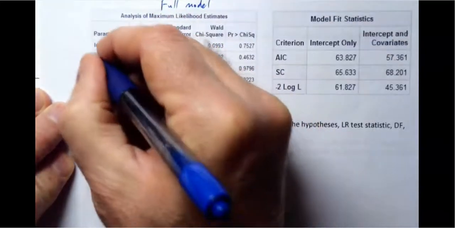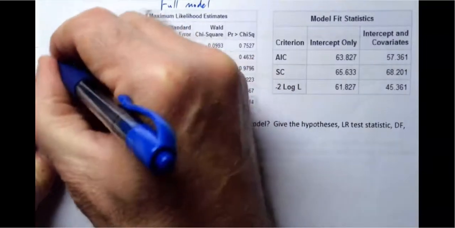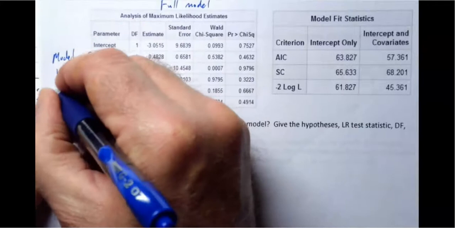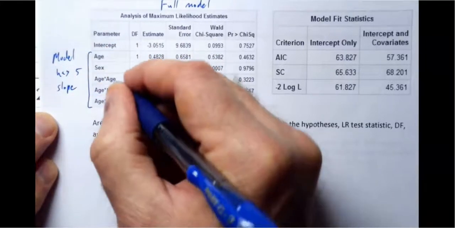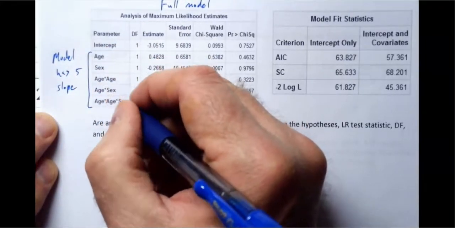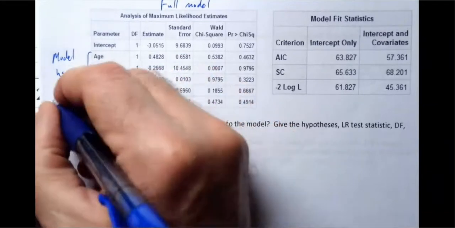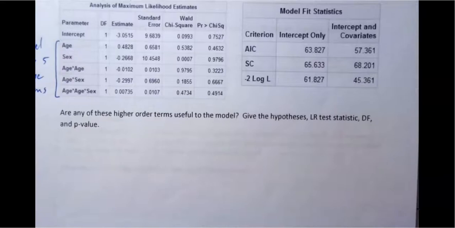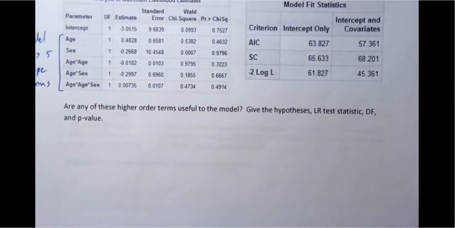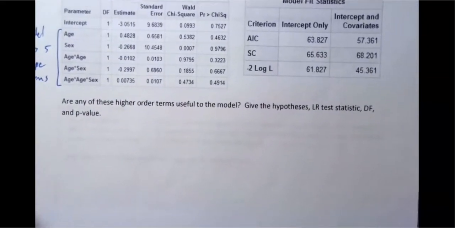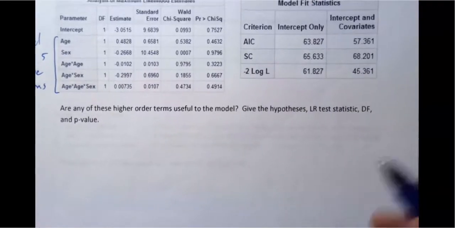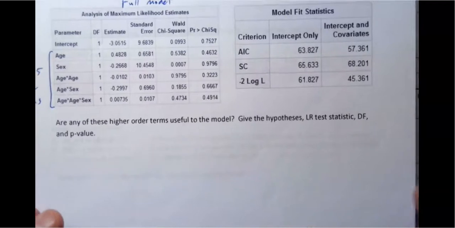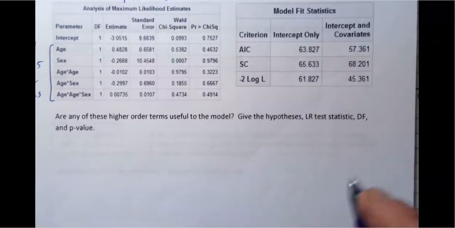The model now has 5 slope terms, because I'm adding my higher order terms here, age squared, age by sex, and age squared by sex. Here are the model fit statistics. I didn't give you the likelihood ratio test because we're not going to test that just now.